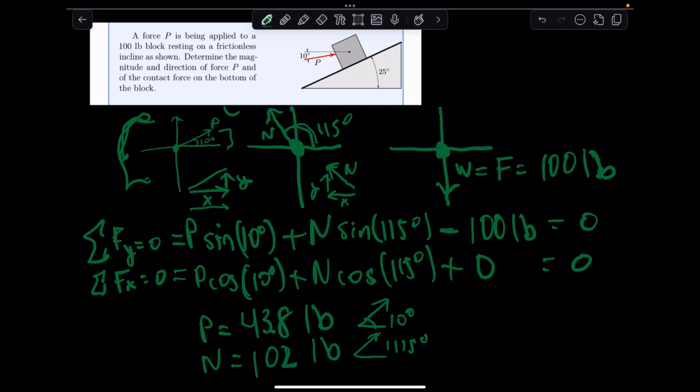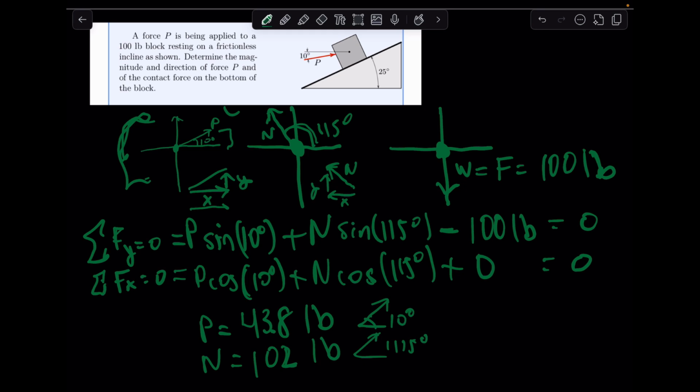Just to summarize what we did here, we found the force P, right? We found it to be equal to 43.8 pounds. And also we found the magnitude and direction of the force P, well, we already talked about that.